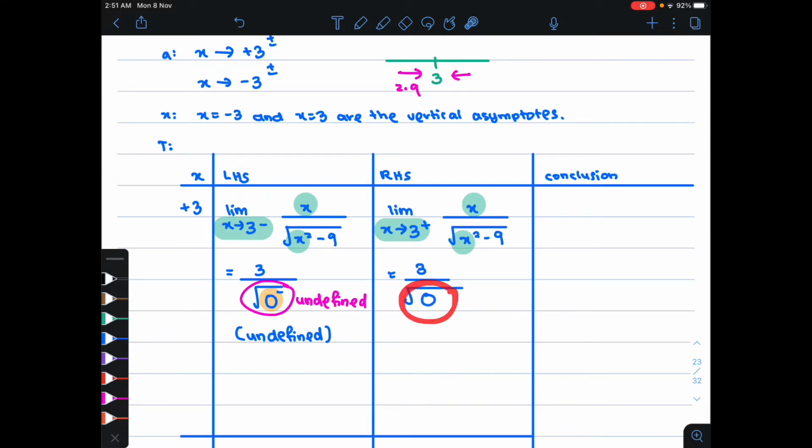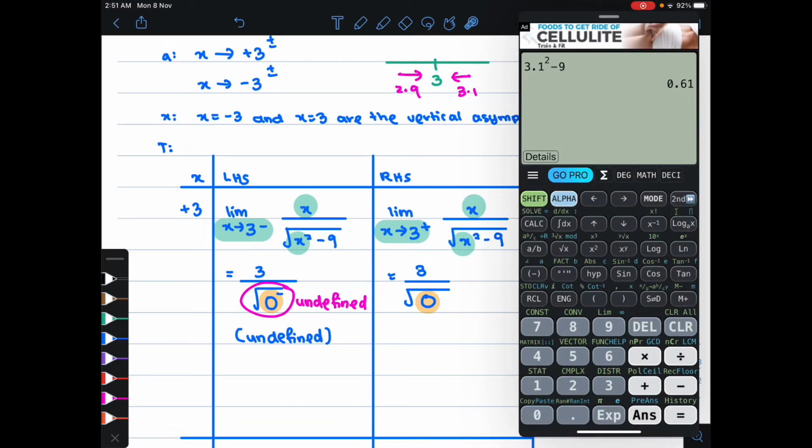Since only the denominator is 0, you need to check whether it is 0 plus or 0 minus. So from the right-hand side of 3, let's pick 3.1. So substitute 3.1 into x squared minus 9, and you'll get 0.61, which is 0 plus.